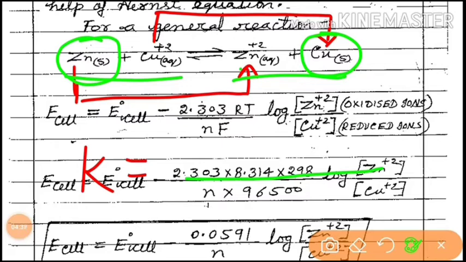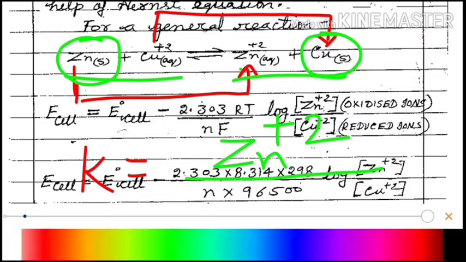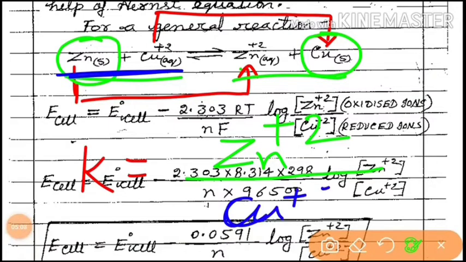So upside as a numerator we write Zn plus 2, and downside is the product of the concentration of the reactants, and the reactants, zinc and copper, two things are there. In this also the zinc is solid, so its concentration is taken as 1, and the copper is in ionic form, so we write Cu plus 2.